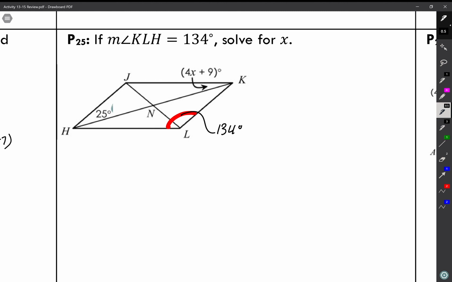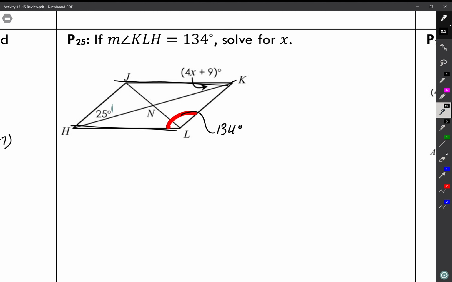But what I do know, since this is a parallelogram, is that with two parallel lines cut by a transversal, the alternate interior angles are, excuse me, not supplementary, they are congruent.